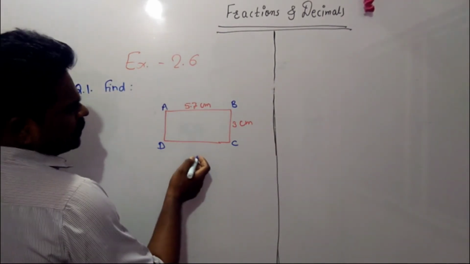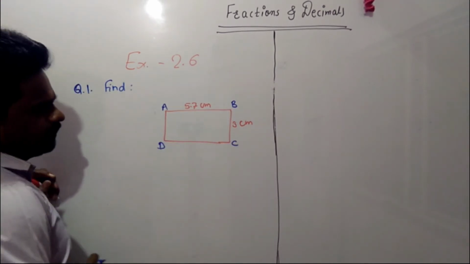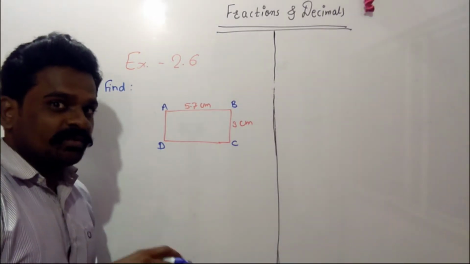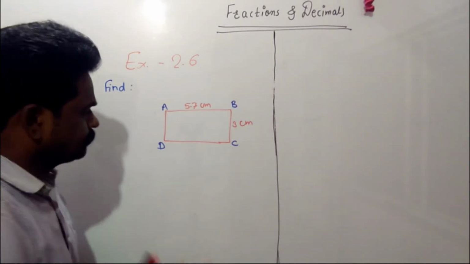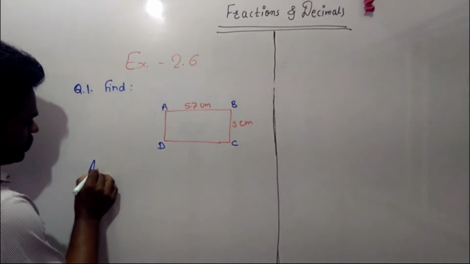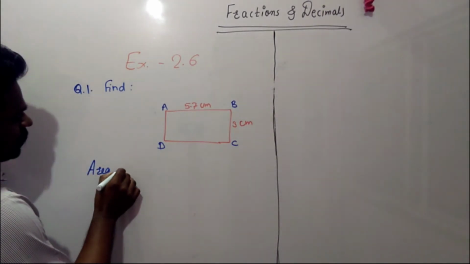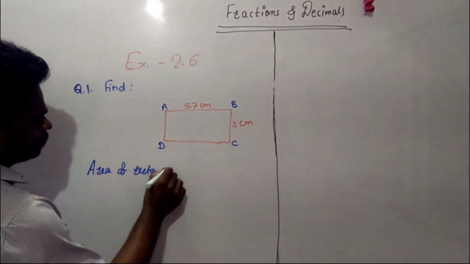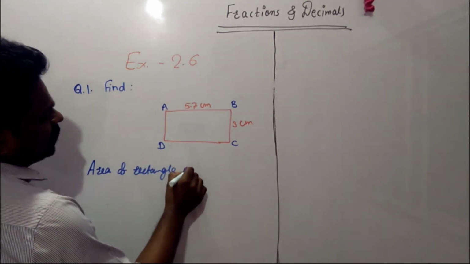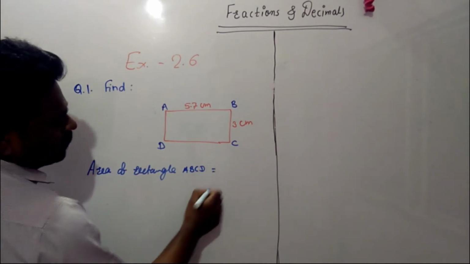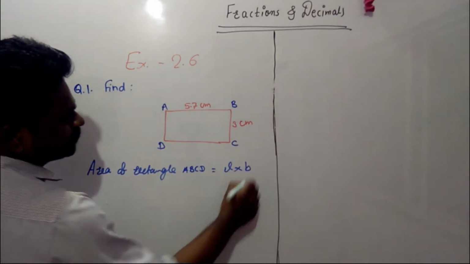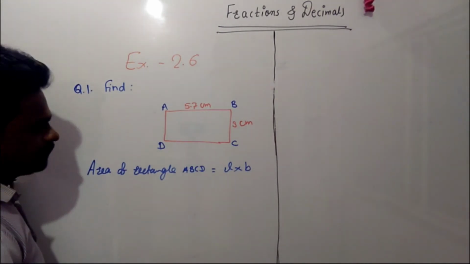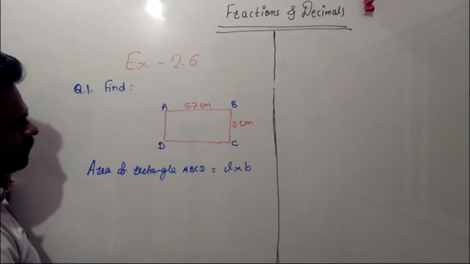Now see, we need to find out the area of this rectangle. For that purpose, we should know the formula for area of rectangle. The area of rectangle ABCD is equal to L into B, length into breadth. Length into breadth is the formula. Okay, fine, no problem.